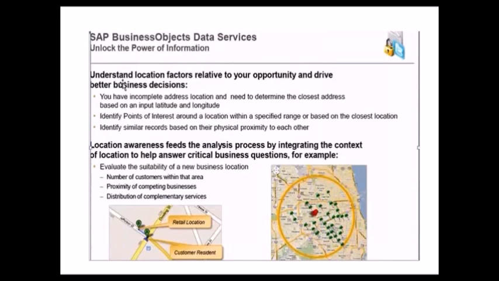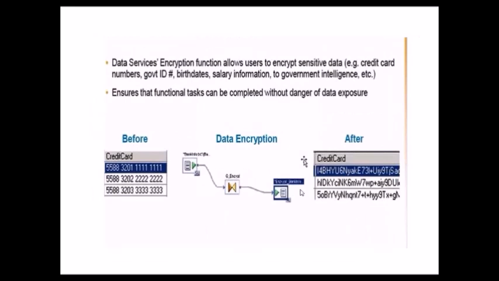Next, coming to this location, I had said that we will be talking about it in the next slide. So here in SAP BODS, it has a new feature wherein it can identify a particular person or a particular place with its exact location up to the nearest extent. So understanding the location factor relative to your opportunity, and drive better business decisions. By using this, you can have complete address locations and determine the closest address based on an input latitude and longitude.